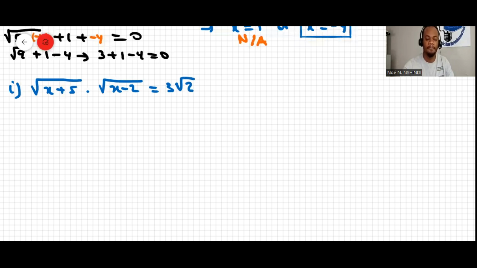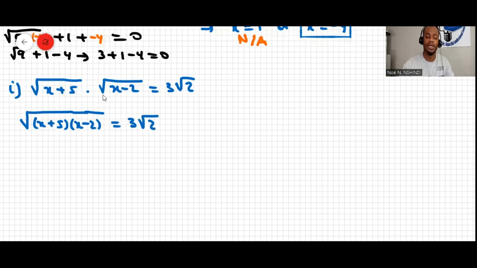So over here, because this is a product, we can combine these products. We can say x plus 5 and then x minus 2, like that, equal to 3 root 2.